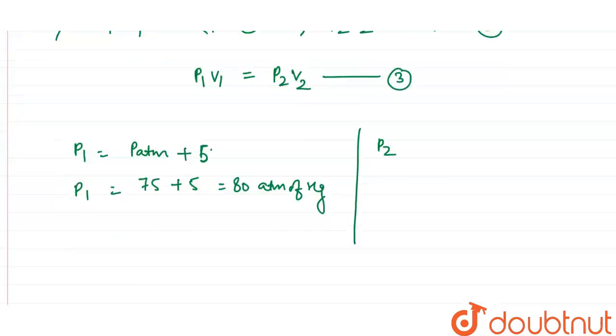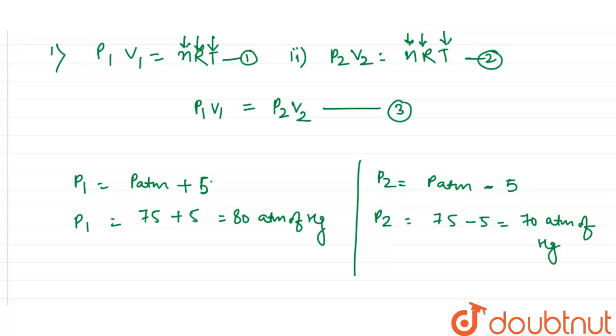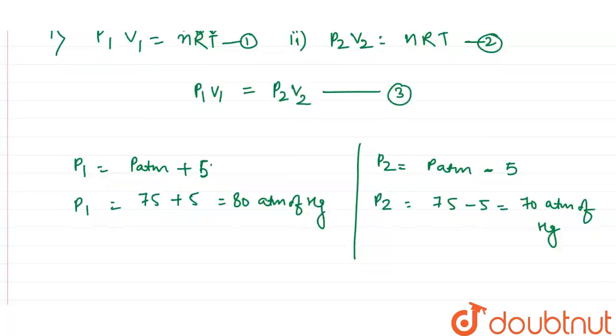So P2 is given as P atmospheric minus the height. So P2 is 75 minus 5, which equals 70 cm of mercury. Now we have pressure P1 and P2. Now putting the values.